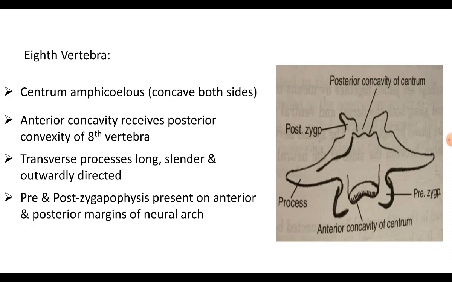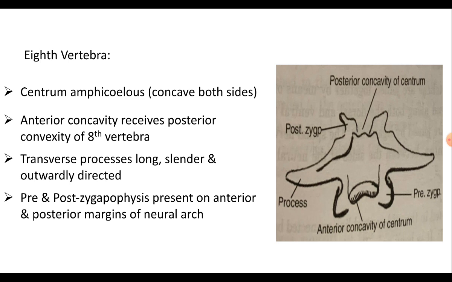Coming to the eighth vertebra of the vertebral column, it also slightly resembles the typical vertebrae in all aspects, but differs slightly by having an amphicoelous centrum. That means the centrum has two concavities.